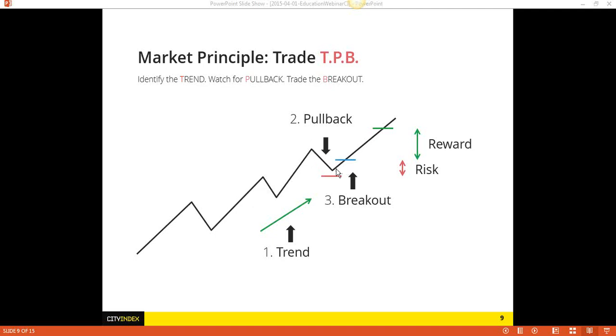However, what I often do is look for an indication that this pullback is recovering and turning back to the upside. I'm not necessarily waiting for a breakout above the last high before getting in. I'm looking for an indication that the pullback is recovering, and I'm looking for a breakout there.